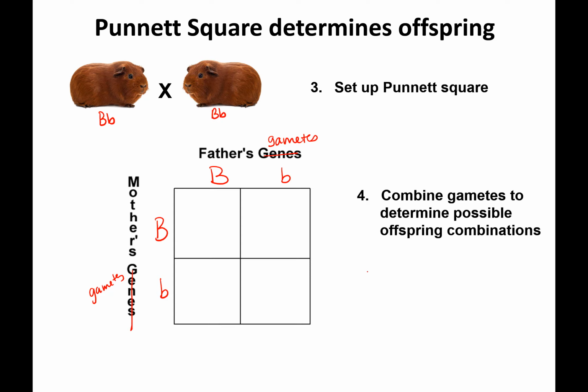And then we combine the gametes to determine possible offspring outcome. So this is big B, this is big B, this is big B, and little b, little b. So I've just brought the gametes down to fill in each box.